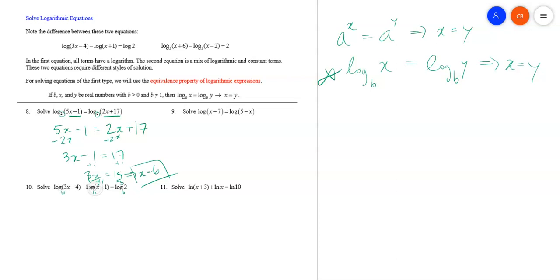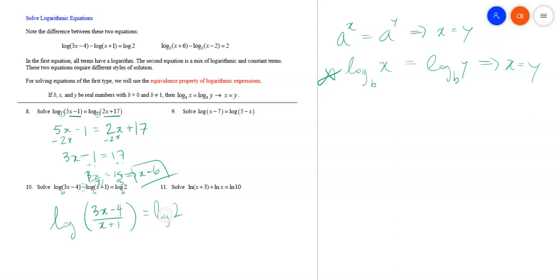We are able to use our properties of logs to write the left side of this equation with just one log. Since it has a difference, log minus log, we use the quotient property. So it goes log, and here we need to divide these arguments. It will go 3x minus 4 divided by x plus 1, is equal to log of 2.